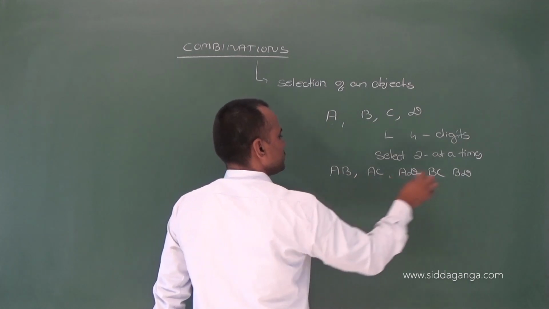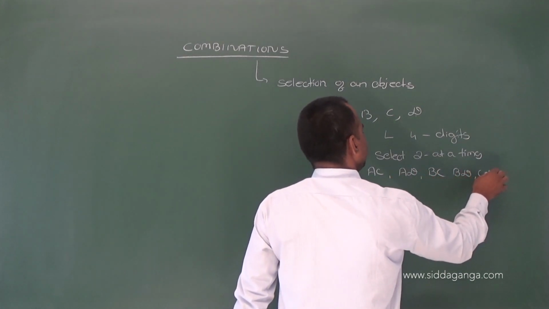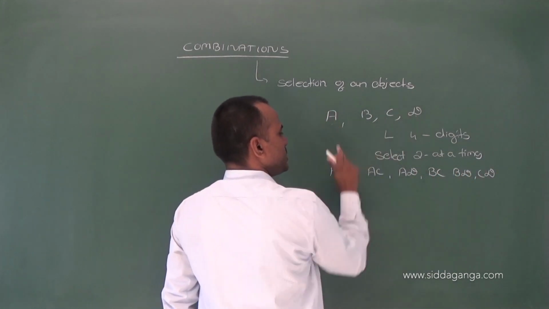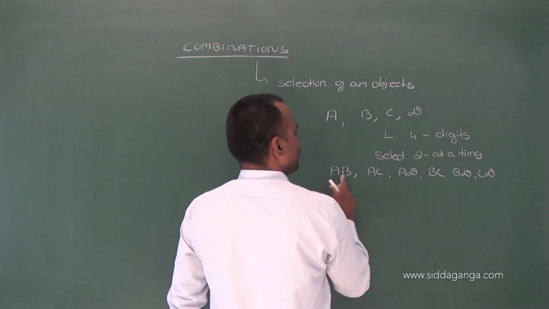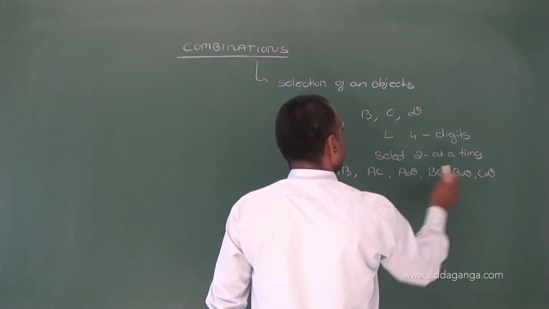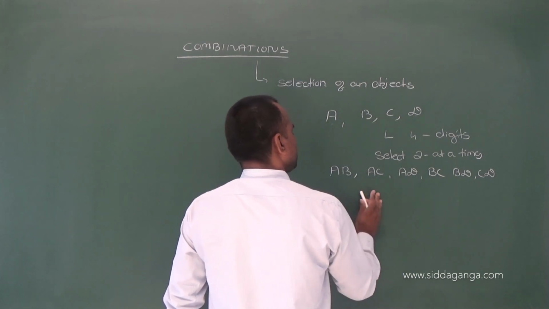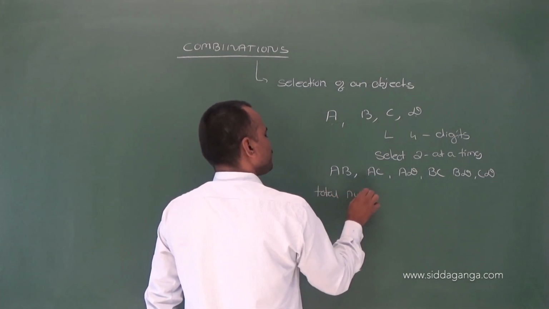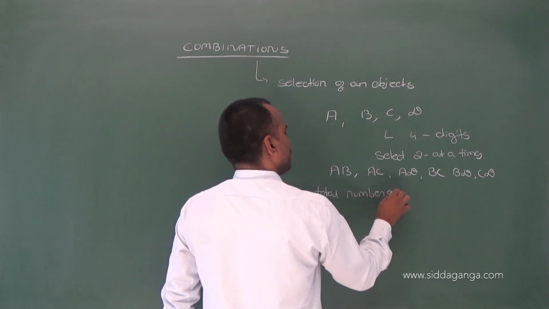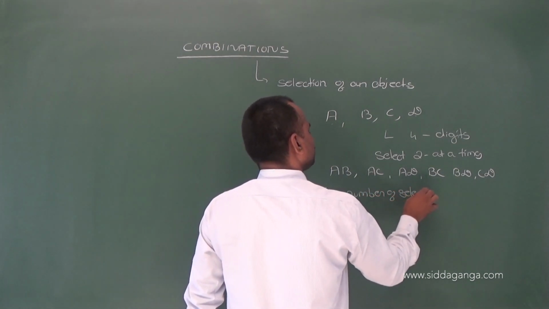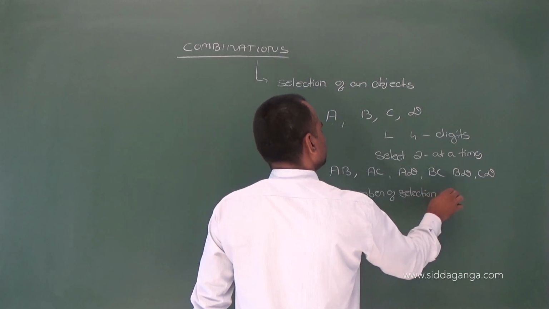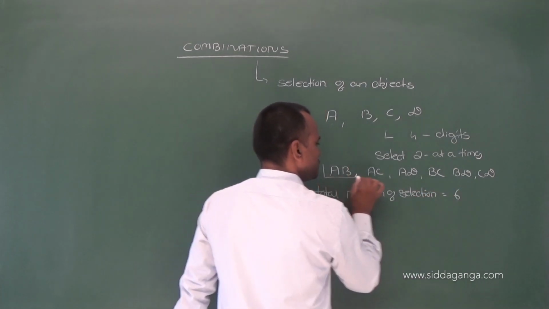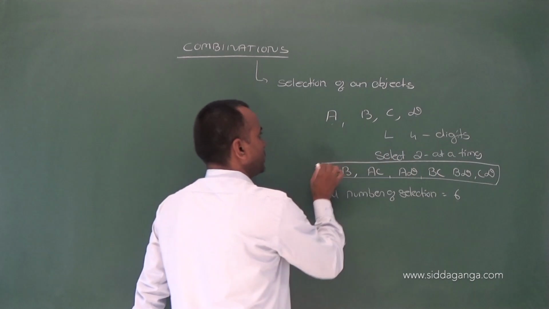Then C: CD. So 1, 2, 3, 4, 5, 6. Total number of selections is equal to 6.